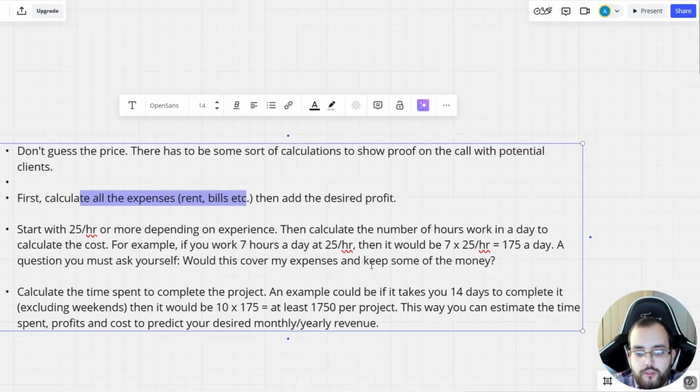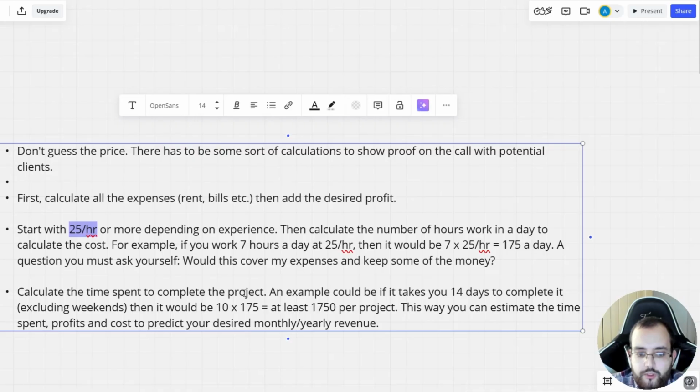So let's say these calculations, $175 a day or pounds a day, can cover all these expenses. If not, then raise the price, maybe 26, 27. You have to experiment a bit until it fits right for you. Okay, I hope this makes sense so far.